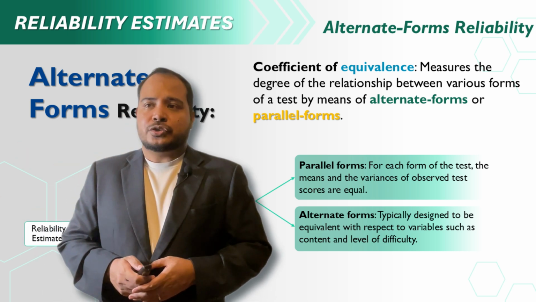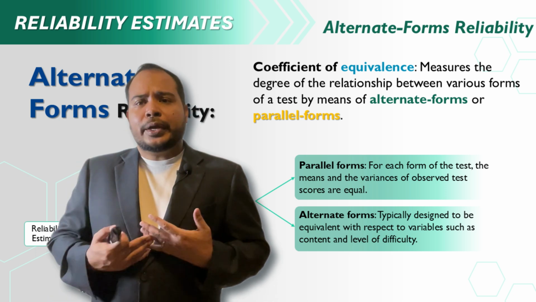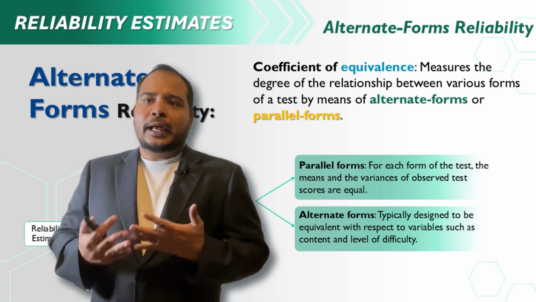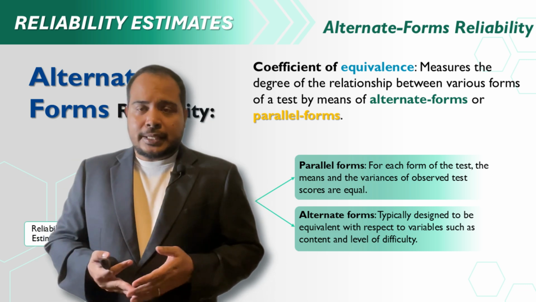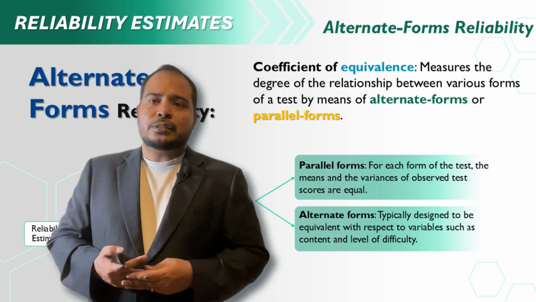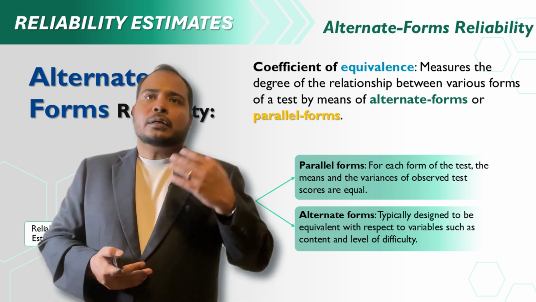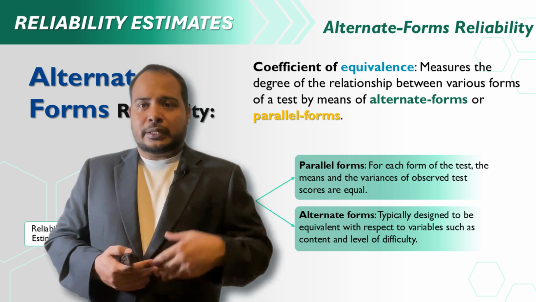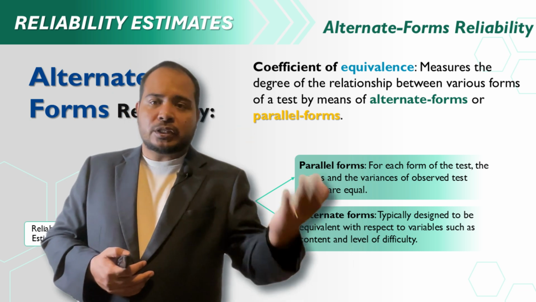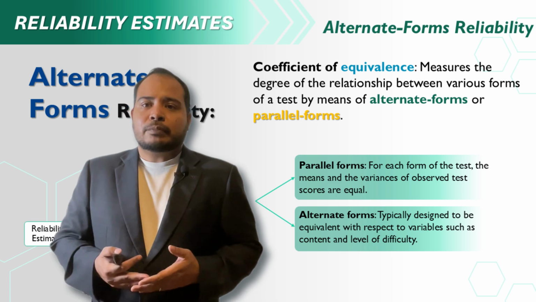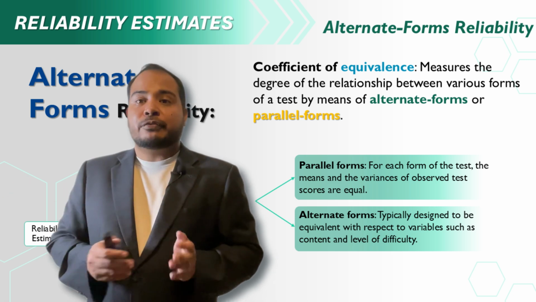measure the same construct. So why do we need alternate forms or parallel forms? Because sometimes it's very difficult for us to conduct test-retest reliability. You have to approach the same group of people again after 2 weeks, 3 weeks, or 6 weeks, and sometimes the dropout rates are very high.